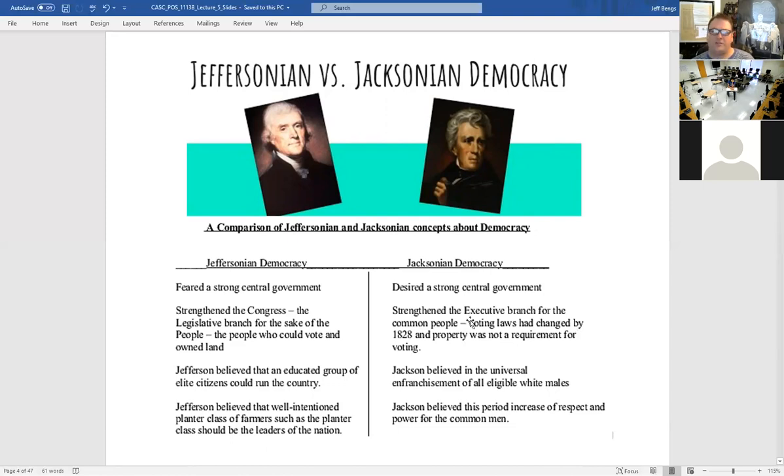So he used his authority as president to do some major changes. He wanted a stronger central government where the executive or the president was connected more directly to the people.